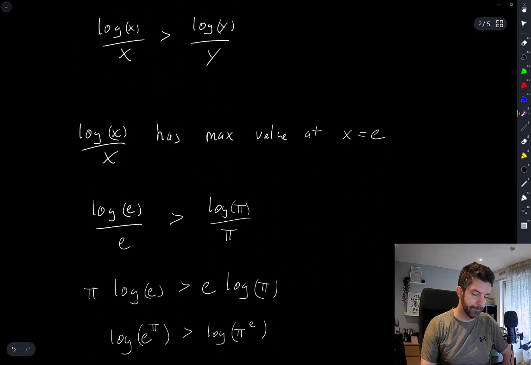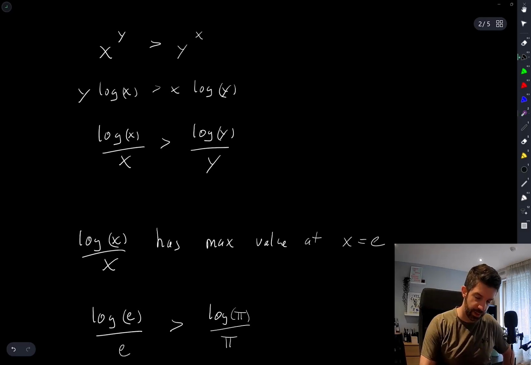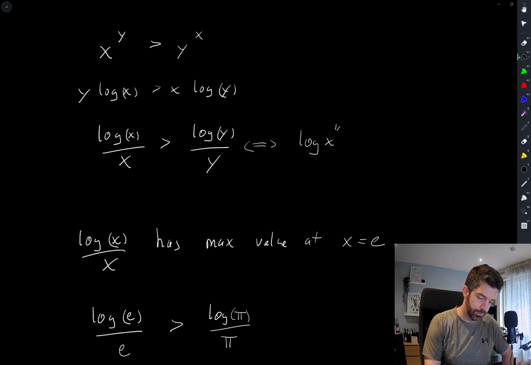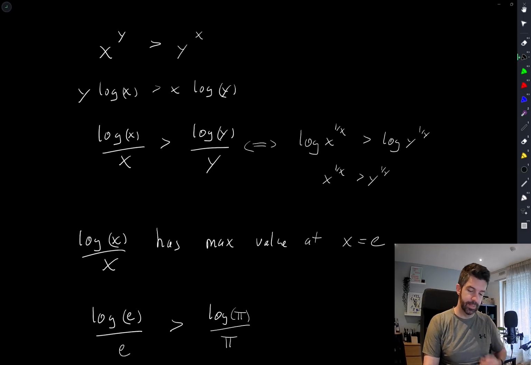In fact, if we rewrite this, this is the same as log of x to the 1 over x greater than log of y to the 1 over y, which is the same as x to the 1 over x greater than y to the 1 over y.